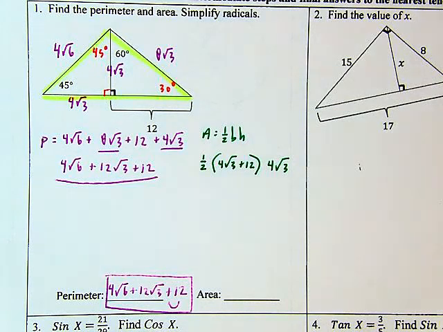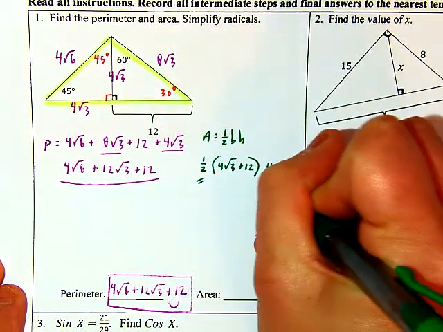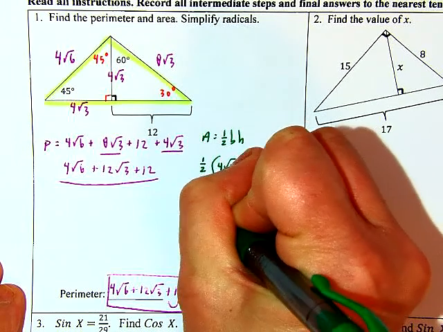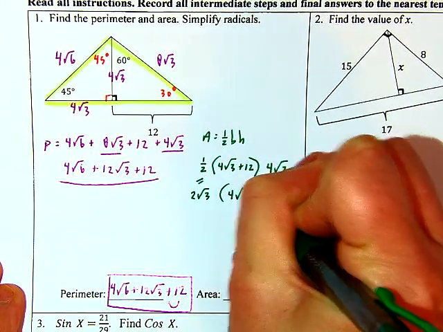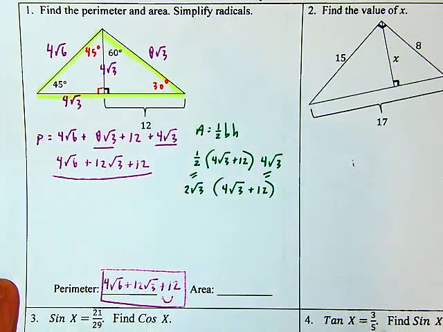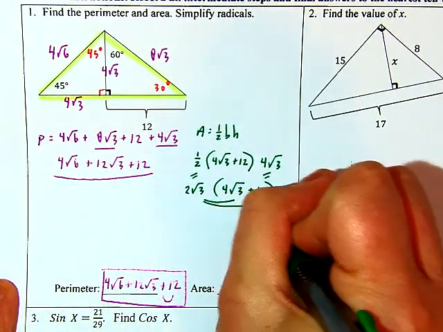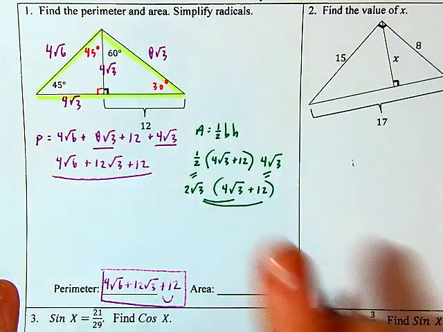So I can multiply whatever order I want. So I would probably take 1/2 of 4 root 3, so 2 root 3, and then I'm going to distribute over the 4 root 3 plus 12. So when I distribute here and here, first I have 2 root 3 times 4 root 3.